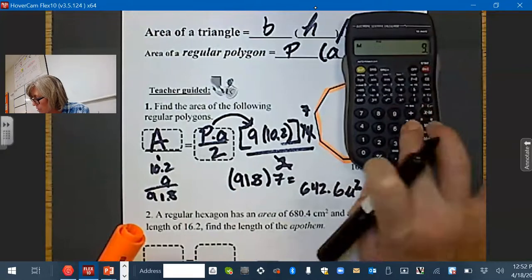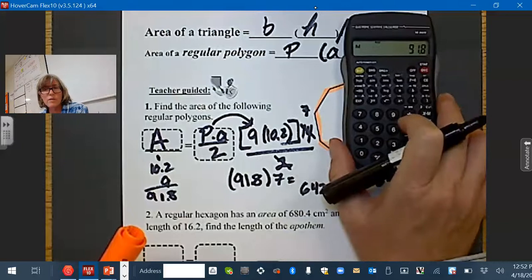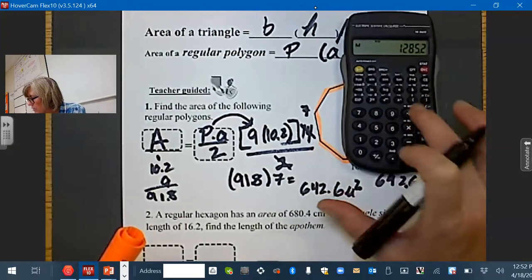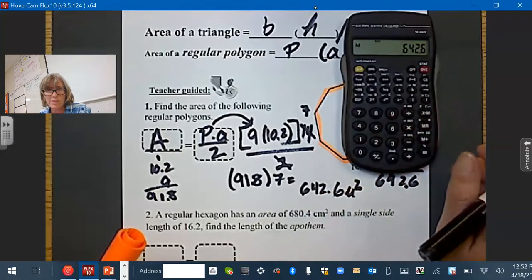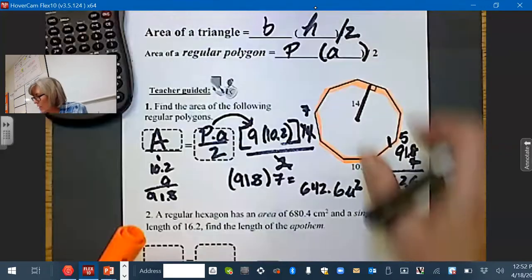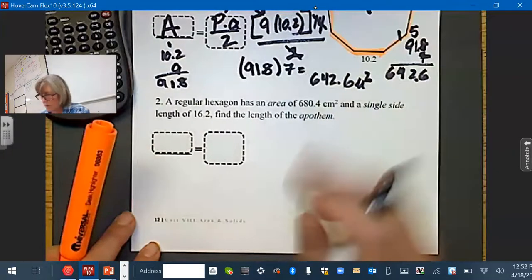We're going to go 9 times 10.2. There's our 91.8 times 14 divided by 2. Looky there, folks. Yes, you can manage without a calculator. Ready right here. Let's do another problem together.